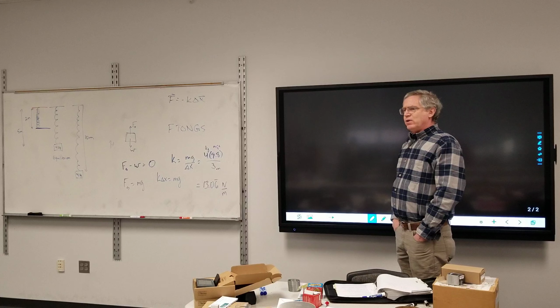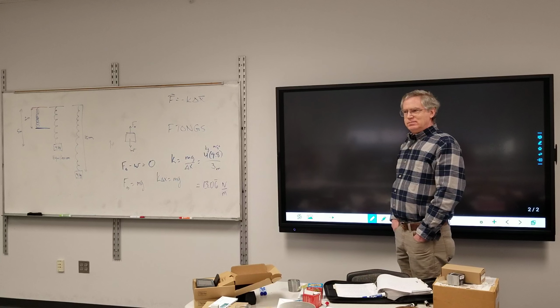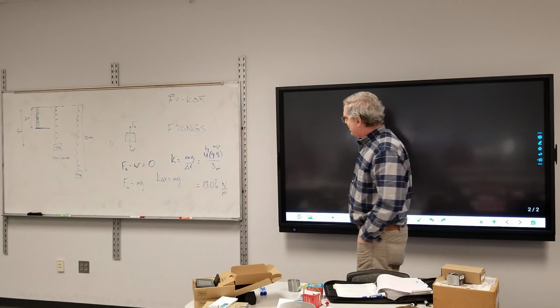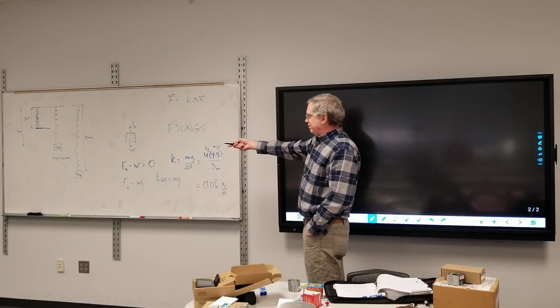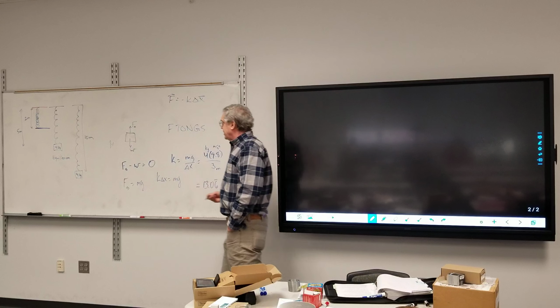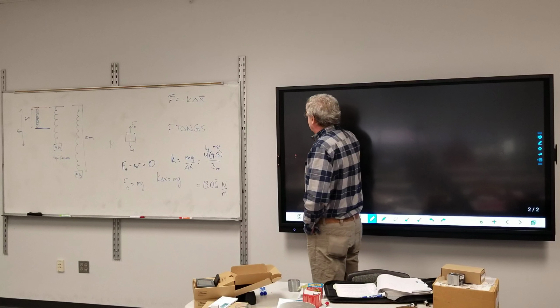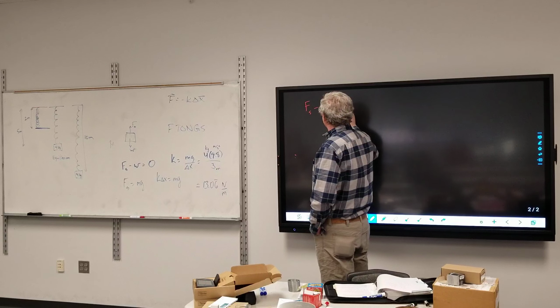But for right now, I just want to know what is the acceleration of that mass. So if I pull it down that additional amount, then I still have the force from the spring minus the weight equals, it's just not 0 anymore. So Fs minus the weight is equal to ma.